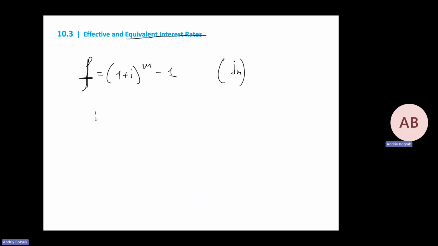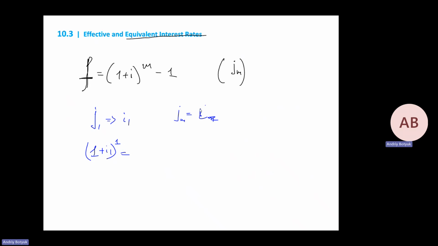So let's say you have J1 and you have Jm. Let's invest $1 for 1 year. What do you have? 1 plus i1 to the power 1. Yes? That's the future value for $1 for 1 year.